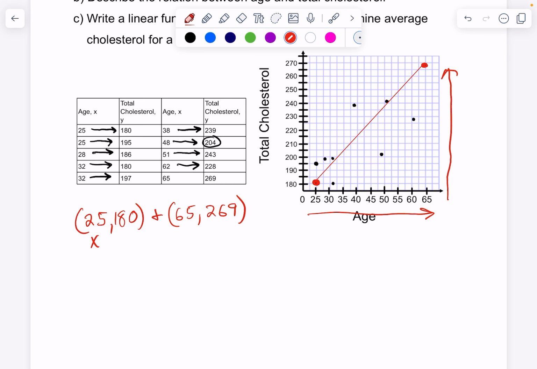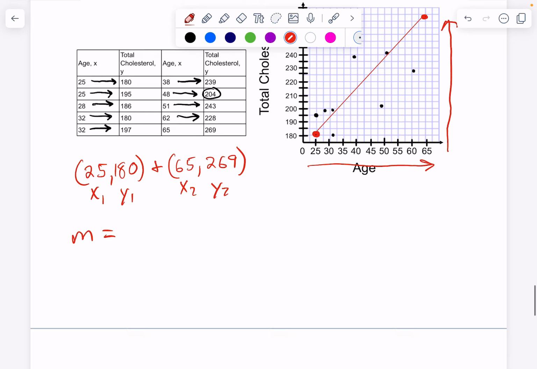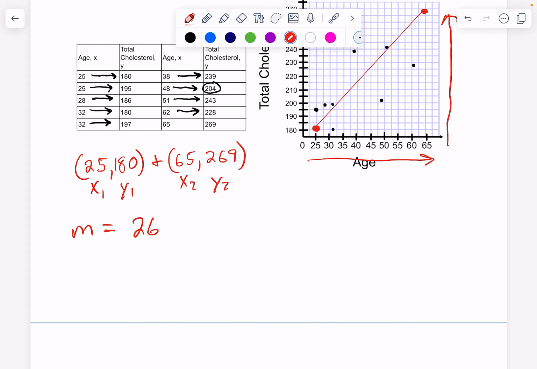So if you remember, you can find the slope here, x1, y1, x2, y2. And this is actually going to be a rate of change because we're using units. So we have 269, y2, minus 180, which is y1, over x2 of 65 minus x1 of 25.